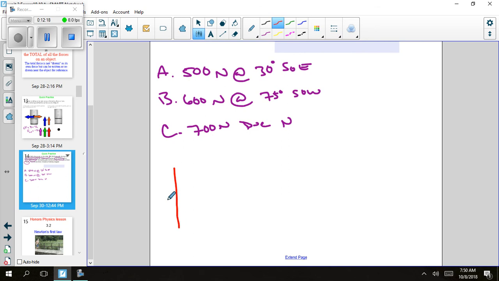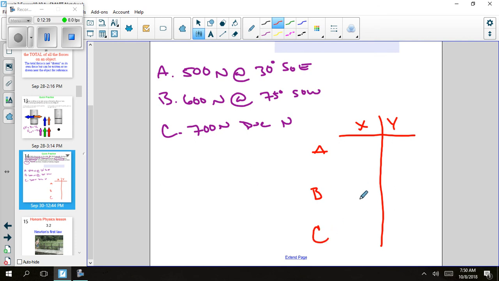So just like with previous problems, what you're going to want to do is set up a grid. Under X, under Y, A, B, C. So I'm not going anywhere east or west, so that's 0, and that's 700.